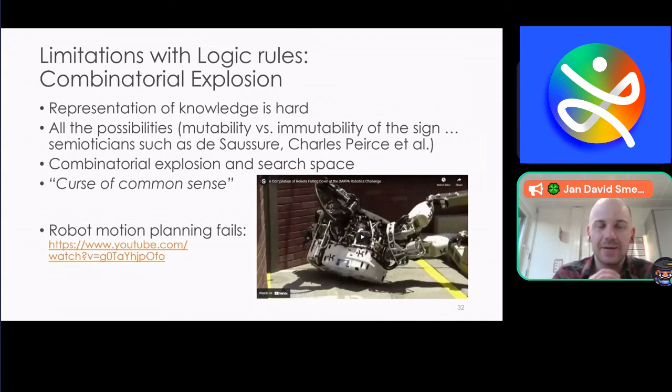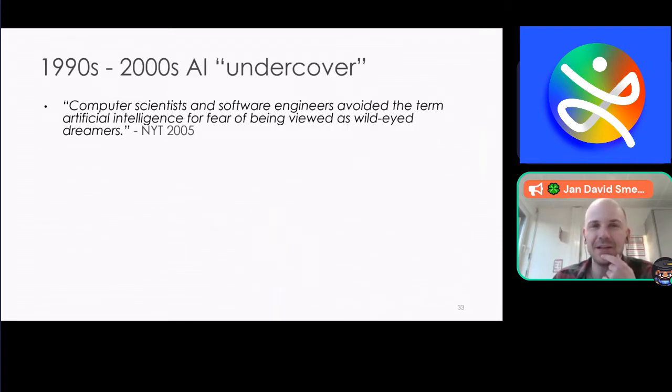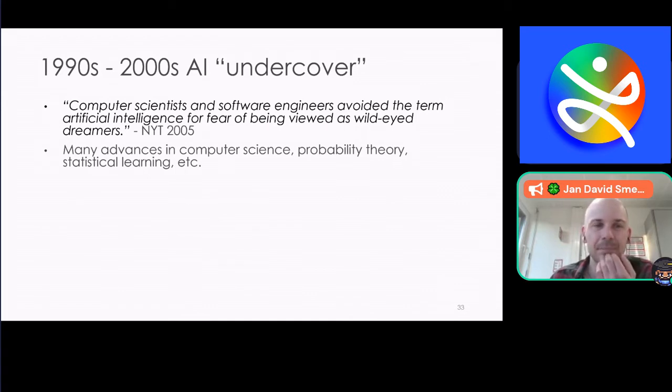So anyway, there was this second disillusion, second AI winter, and from the 1990s to the 2000s, AI sort of went undercover. It wasn't really a thing to say I'm an AI researcher. This was actually quite evident even into my early days at IK. 2010-ish was when the machine learning boom then started, though, coming up.